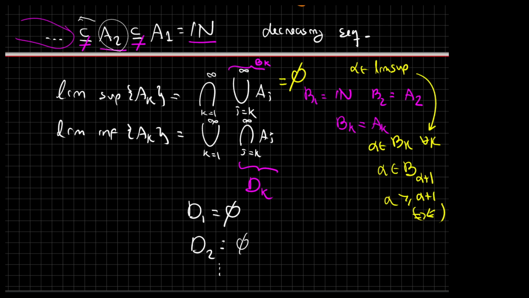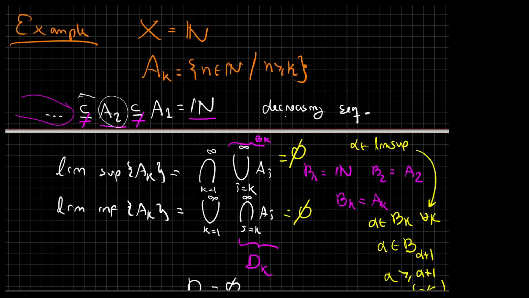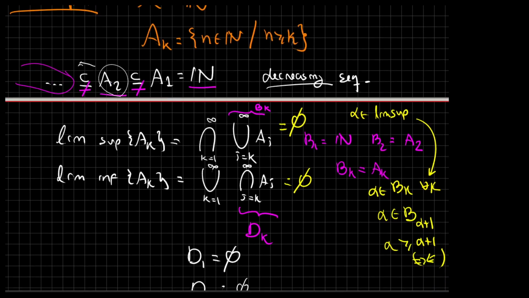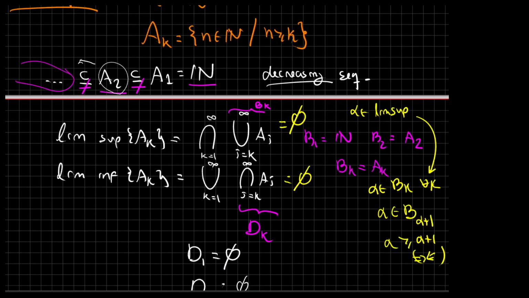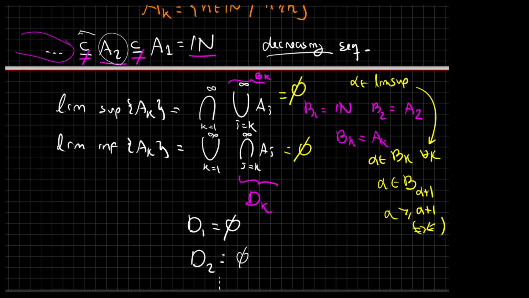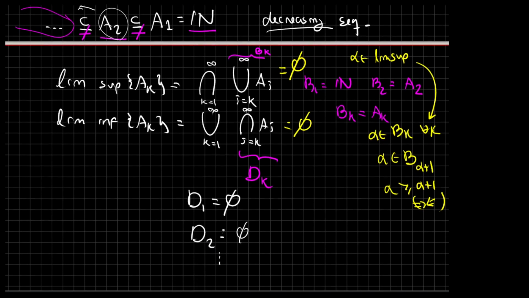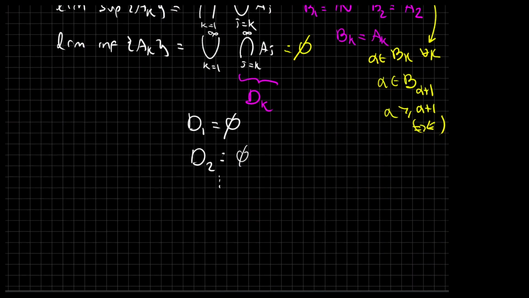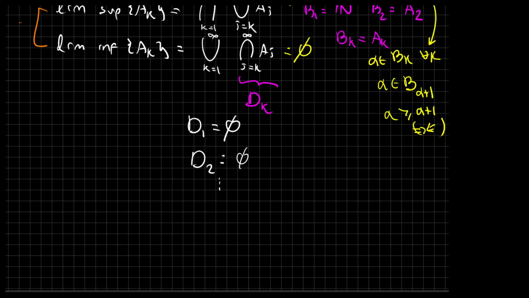So if you unite all of these empty sets, the result will be the empty set. So for this strictly decreasing sequence, both the limit of the supremum and the limit of the infimum coincide with the empty set. So for cases like this, when these two limits are equal, we say that the limit exists. So here we say that the sequence has a limit, which is the empty set.